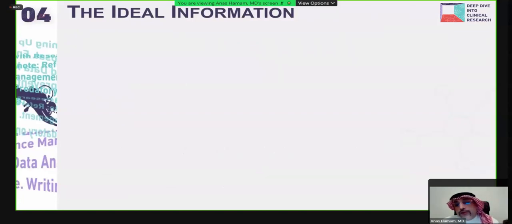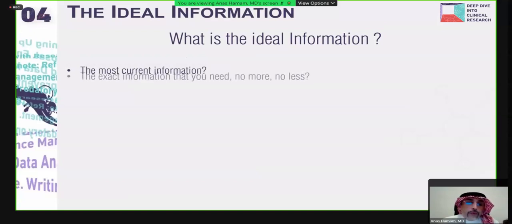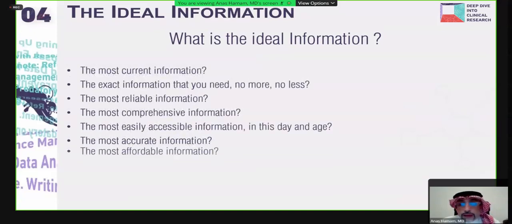Okay, so what's the ideal information that you need to give your reader? The ideal information basically is a combination. Is it the most current information that changes every few years? In some cases, it changes every few months. Okay, is it the exact information?